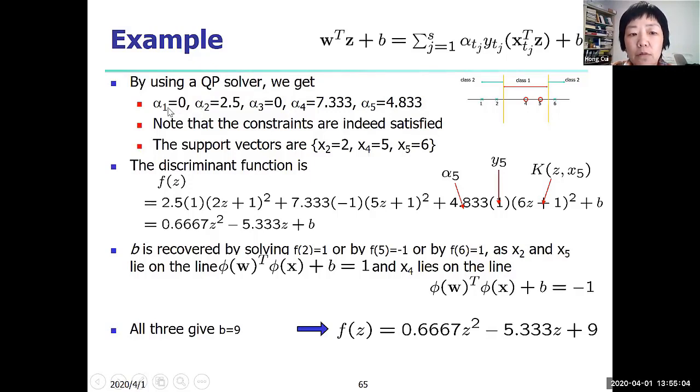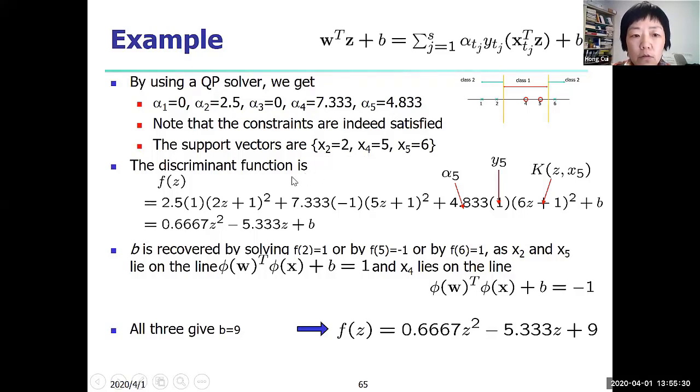Here, the result tells us all the alpha values for every one of the 5 data points that we have. And we observe that alpha 1 and alpha 3 are 0, so those are not support vectors. 2, 4, and 5 are support vectors. So x2, x4, and x5, those are our support vectors.